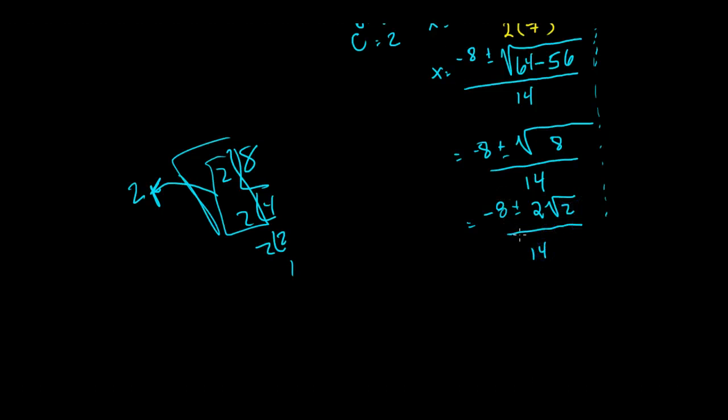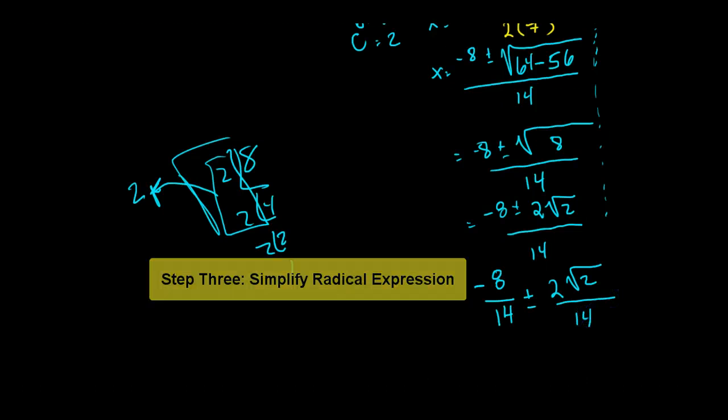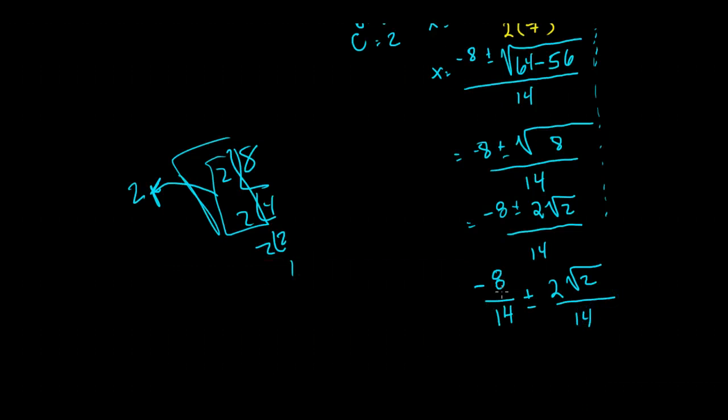Now it might be easier at this point, because we can still simplify this, to look at this as two separate fractions. I have negative 8 over 14 plus or minus 2 radical 2 over 14. Now it's a little bit easier to see because 14 is just 2 times 7, whereas 8 is 2 times 4.